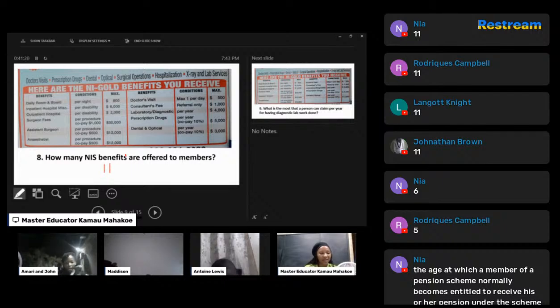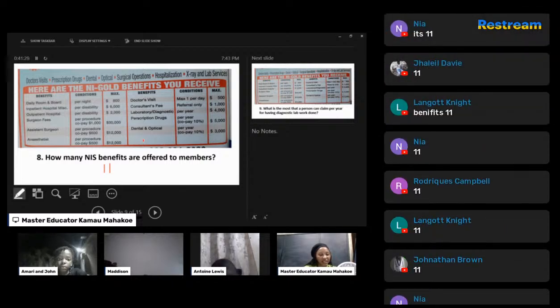Those benefits are daily room and board, patient hospital miscellaneous, outpatient hospital, surgeon fees, assistant surgeon, anesthetist, doctor's visit, consultant's fee, laboratory diagnostic, prescription drugs, and dental and optical.